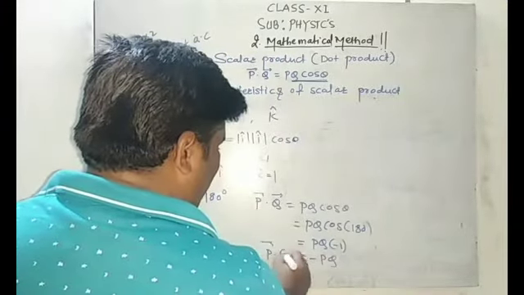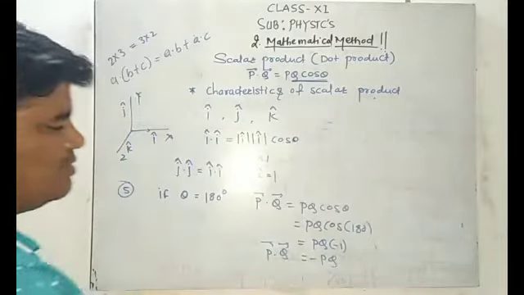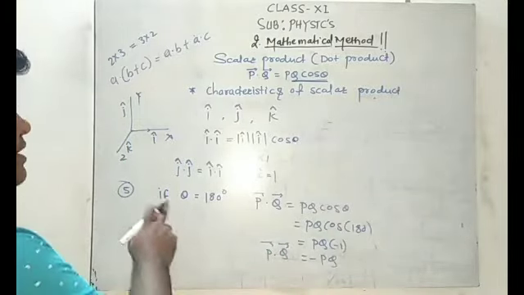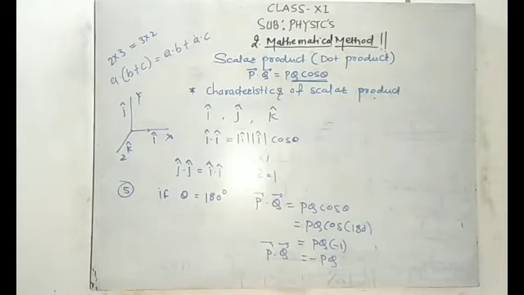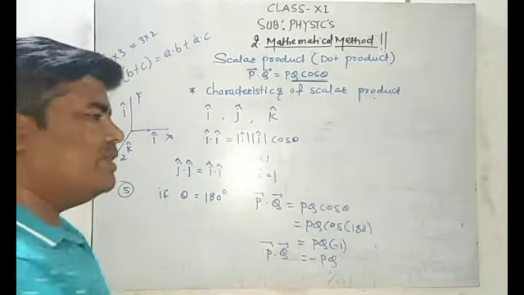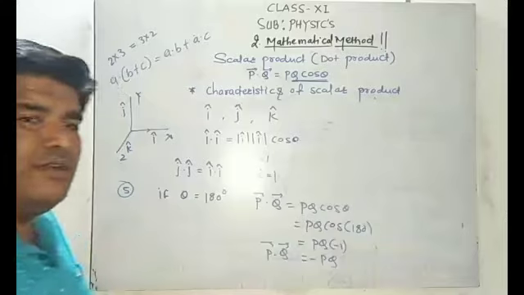So P bar dot Q bar is equal to minus PQ, right?